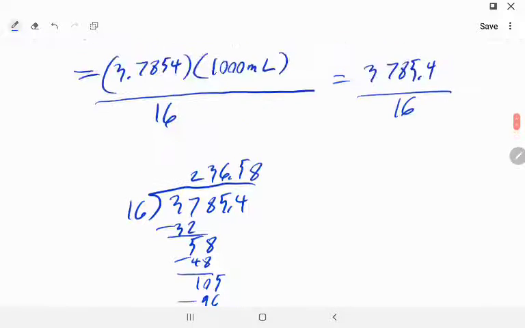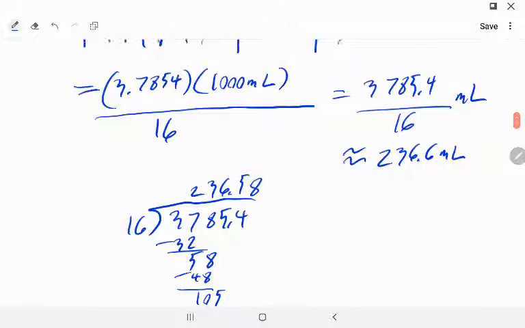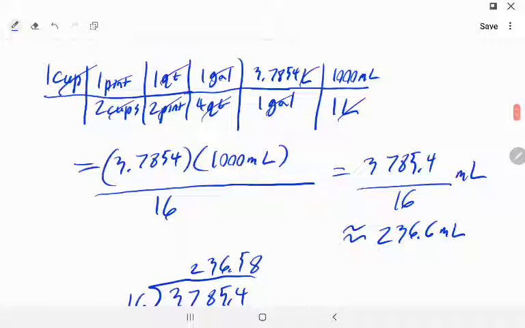So we notice approximately 236.6 milliliters to 1 cup. And so, like I said, you're not ever going to see one that messy on a test. But you notice that it's relatively straightforward pieces to get to your answer.